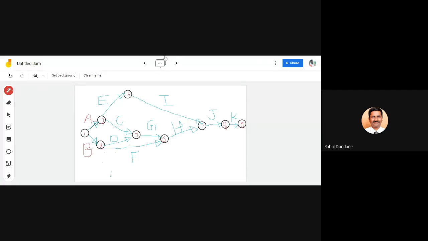If you have understood this problem, then let us go for the second problem which was mentioned. What was that second problem? I think it is with respect to some processes.